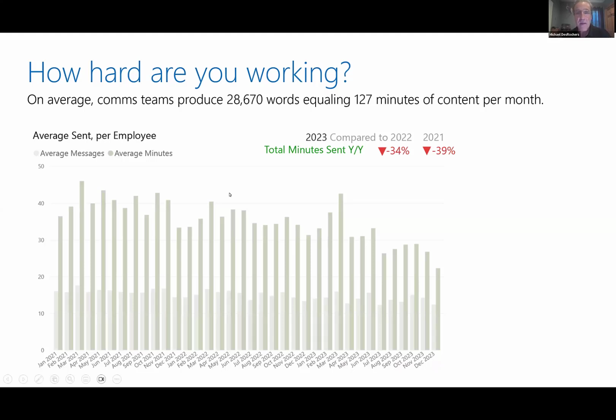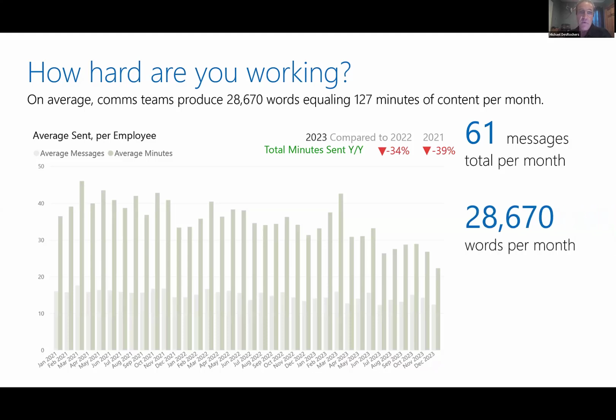It's come down 30%, 35% in terms of how much content is being sent per employee. But communicators are still producing 61 messages on average per month, almost 30,000 words of content being produced, and about 30 minutes of reading time per employee.